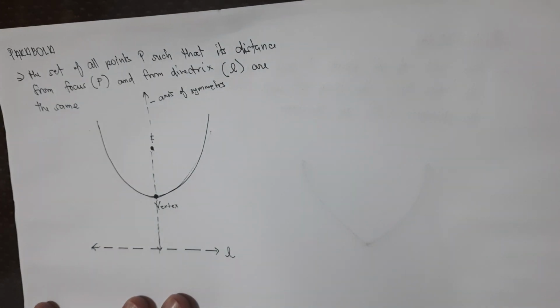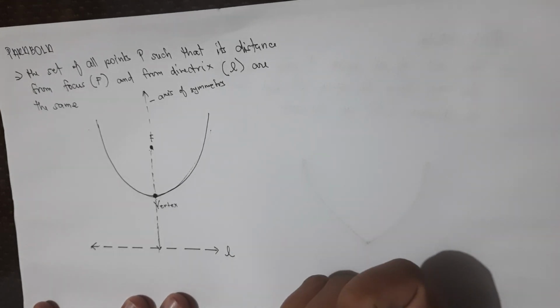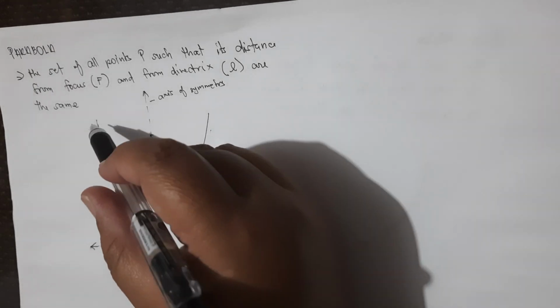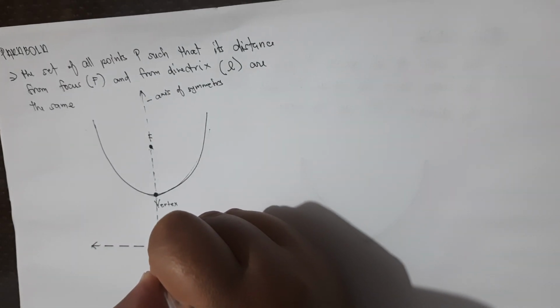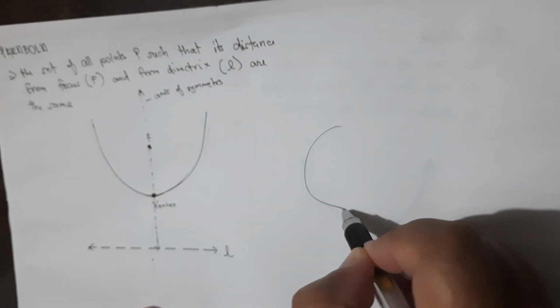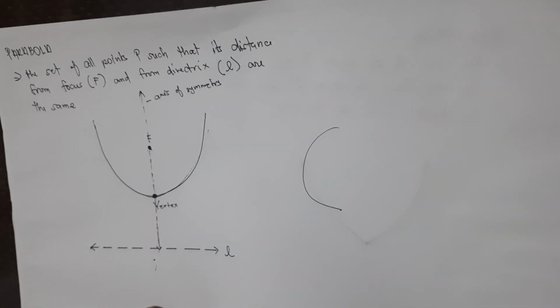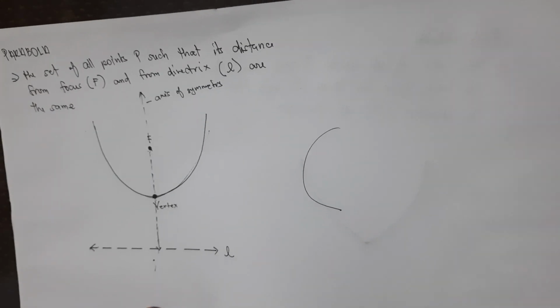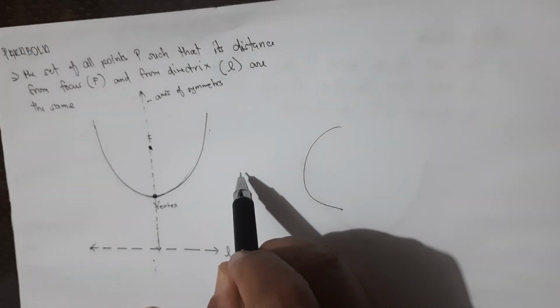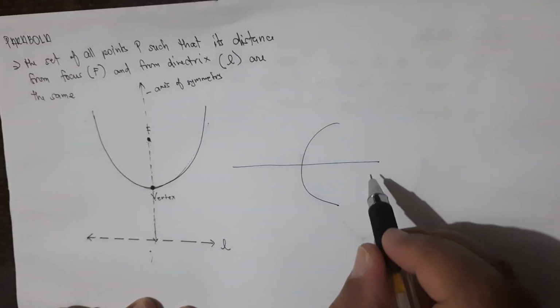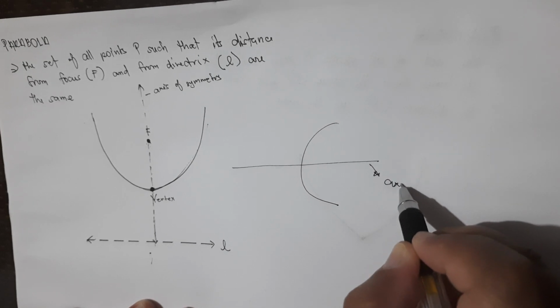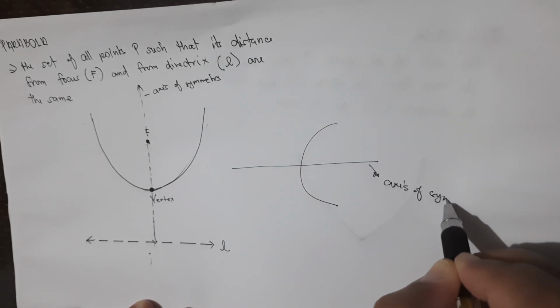Okay? So depende yan sa itsura ng parabola. If it opens upward, then your axis of symmetry is your y-axis. Okay, it is the vertical line. If your parabola opens to the right, then your axis of symmetry is your x-axis.